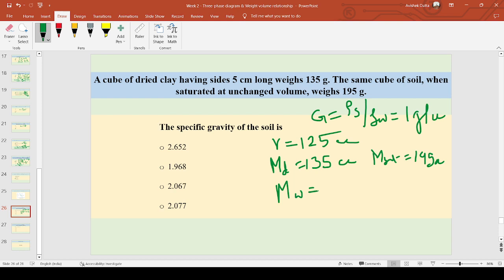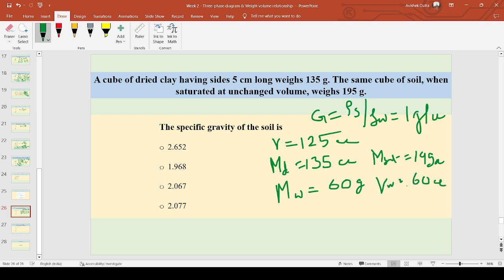What is the mass of water? 60. Yes, 60 gram. If the mass of water is 60 gram and density is 1 gram per cc, what is the volume of water? 60. Yes, it is 60 cc.